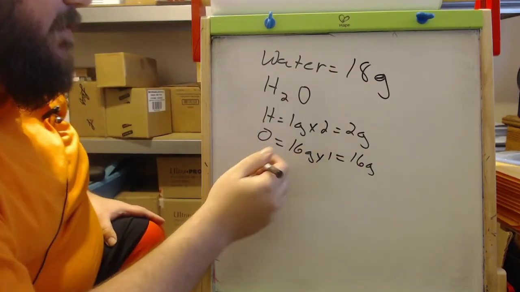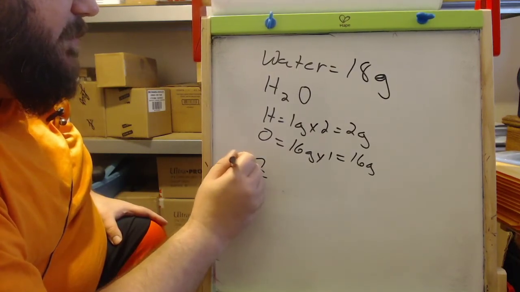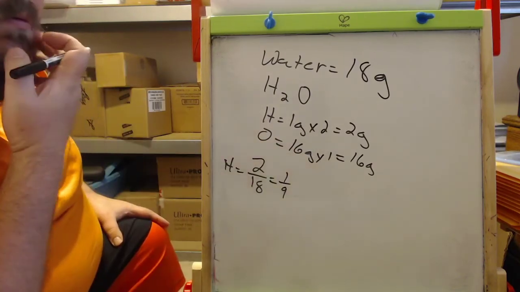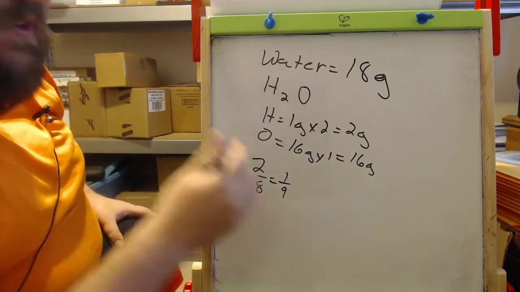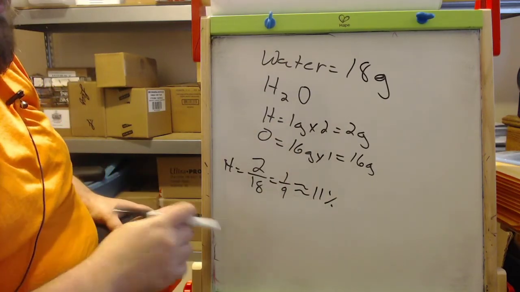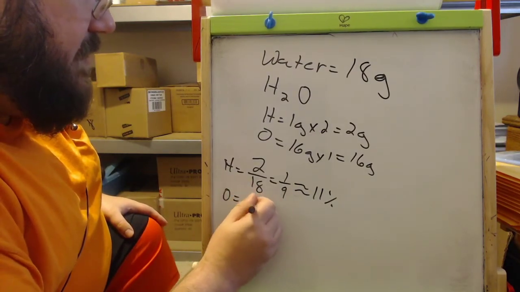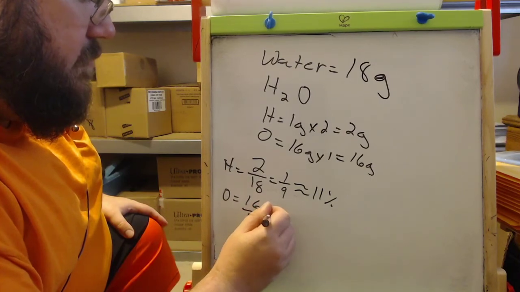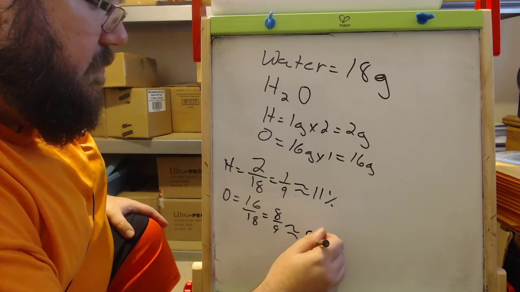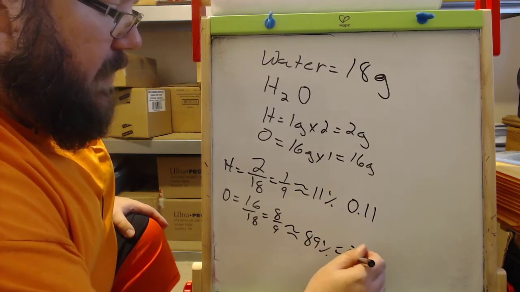Well, if I want to know my ratio of hydrogen, it'd be 2 over 18, or 1/9, which is roughly 11%, like 11.1%. And oxygen would be 16 over 18, which would be 8/9, approximately 89%. And as a ratio, this would be 0.11, and this would be 0.89.